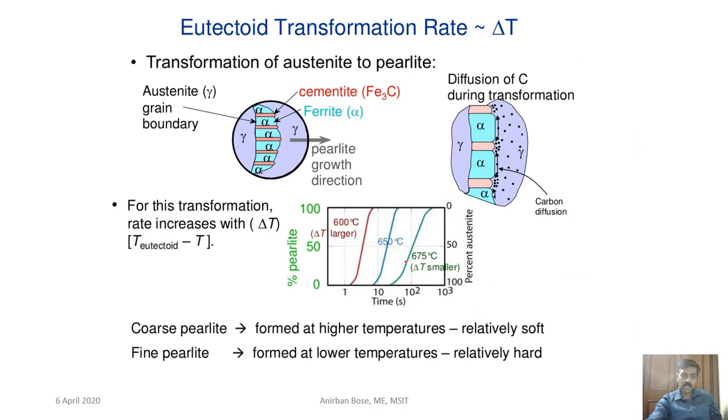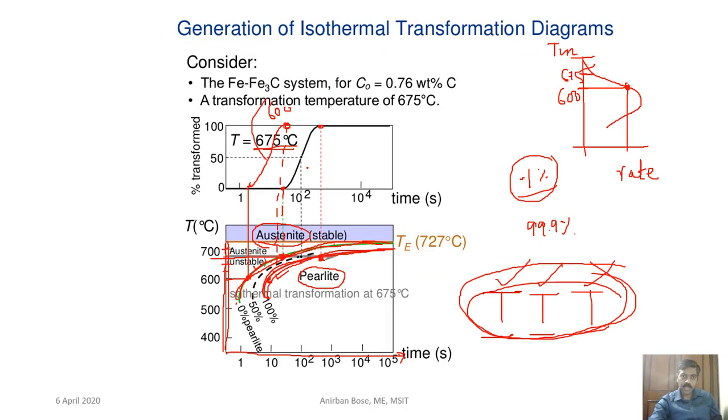Now, let us see how the eutectoid transformation rate changes with delta T. We have already discussed this, but let us look at it once again: what about the microstructure if you increase the degree of supercooling? That means if you do it at 675 degrees centigrade, and if you do it at 600 degrees centigrade, then what about their microstructures?